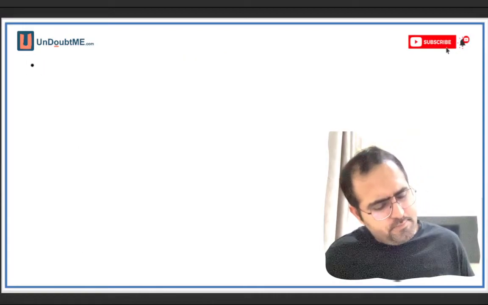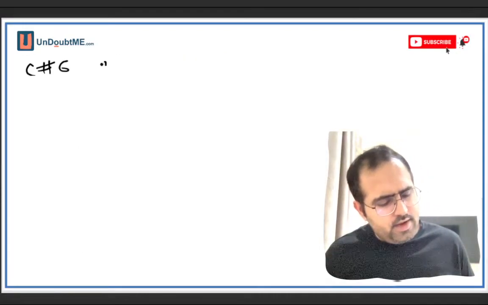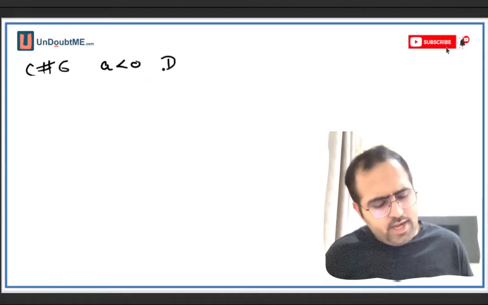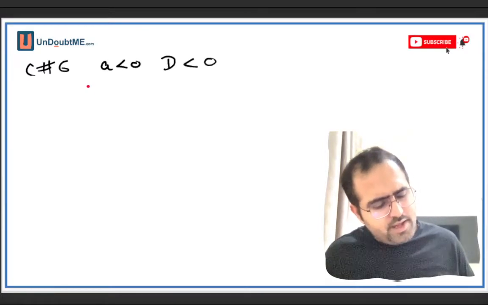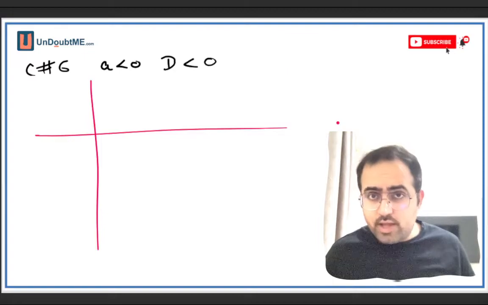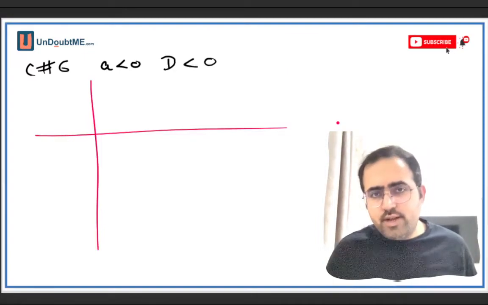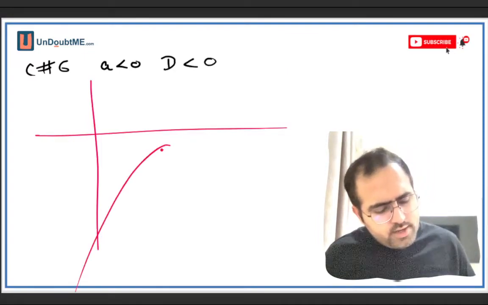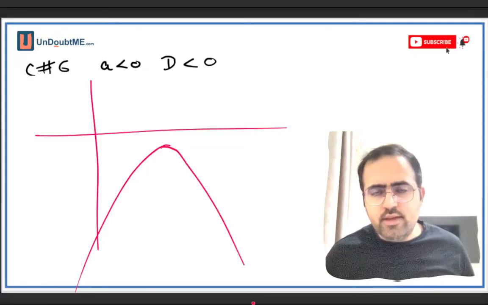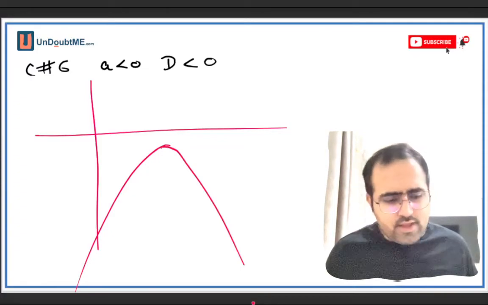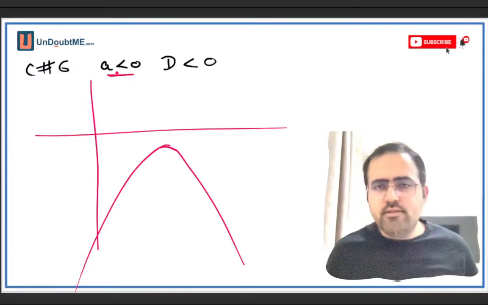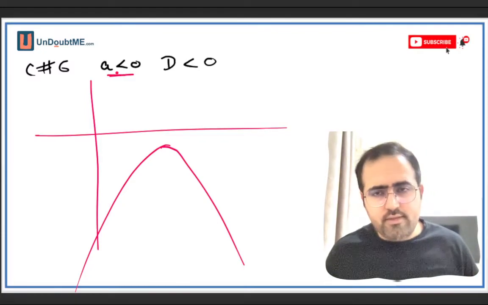Case number 6 is a negative and d negative. You can replicate the same thing from case number 3, where it was a positive and d negative. So it will not touch or cut the x-axis. It will be downward facing because of a negative, and this is how we get case number 6.